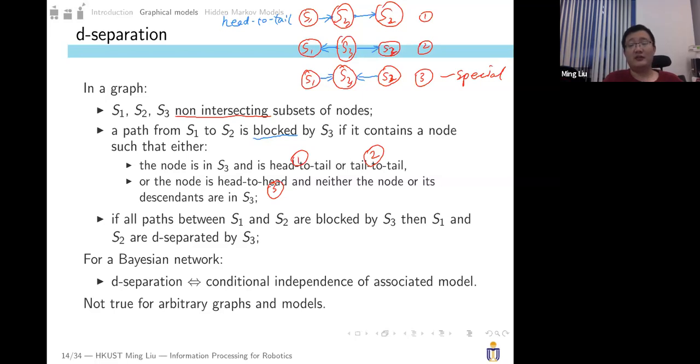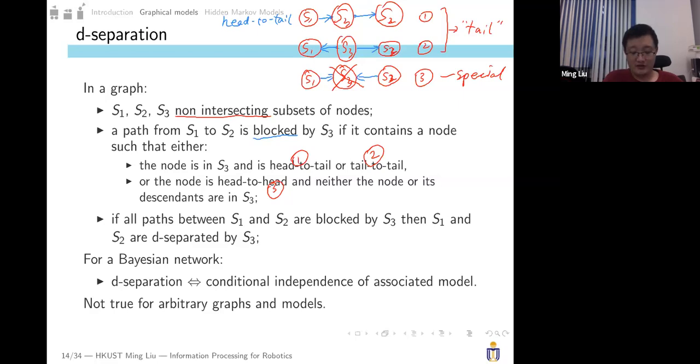That means if that node is not in S3, then the node is blocking S1 to S2. For the first two cases it's easy, but the keyword here is tail. As long as you see a tail, either head-to-tail or tail-to-tail, this path will be blocked.